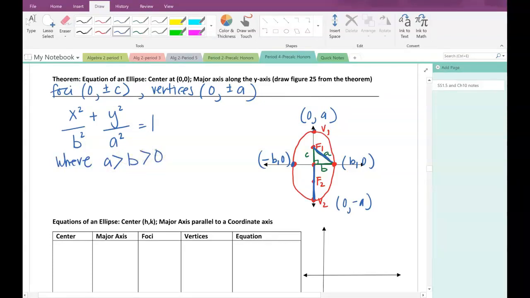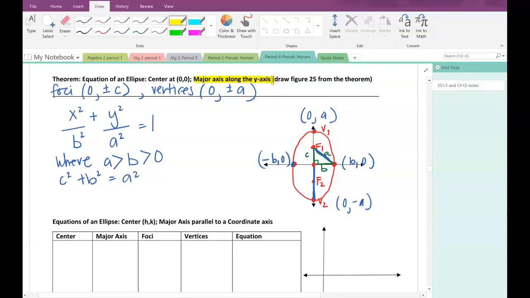And again, similarly to the previous theorem, it's going to be c squared plus b squared equals a squared for the Pythagorean theorem. And again, this is only when it's vertical, where the major axis is on the y-axis.